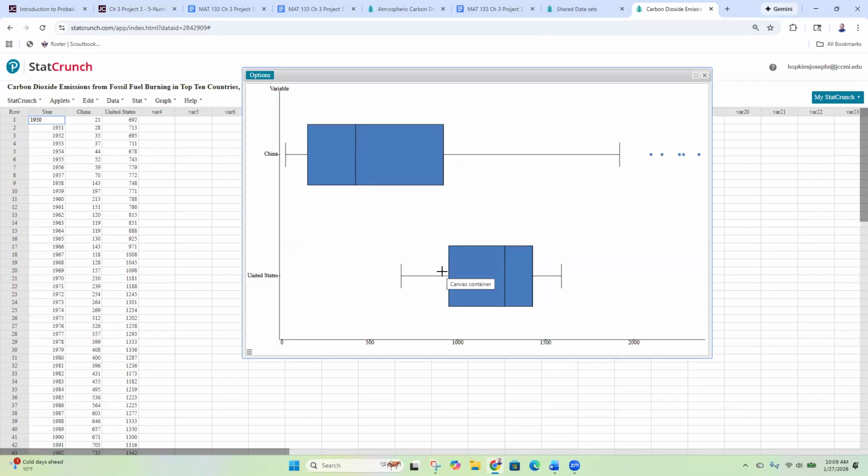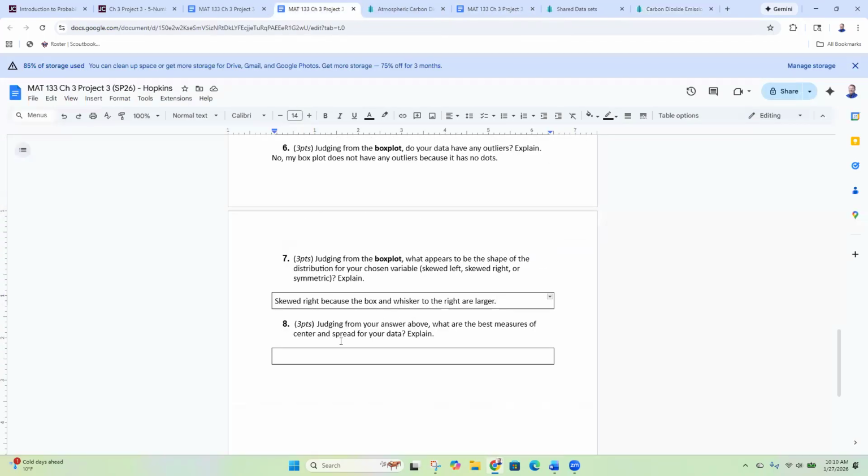Now, let's say you had a situation where the whisker on the left is bigger than the one on the right, but the box on the left is smaller than the one on the right. Well, then it's not necessarily skewed left or right. In that case, you might say that it's symmetric.